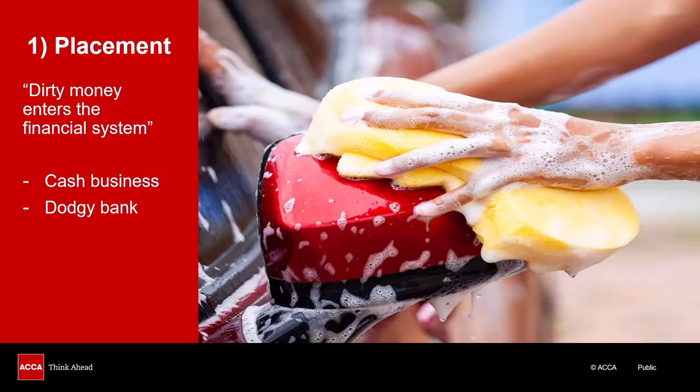And if you watch The Gold, that TV programme that I was highlighting at the start of this, back in the 1980s in the UK, there were dodgy bank branches you could do this with as well. But we've managed to get our dodgy money into the financial system. This is stage one done.